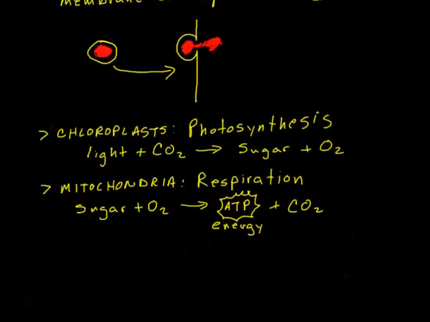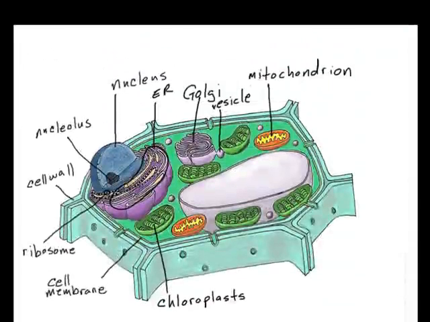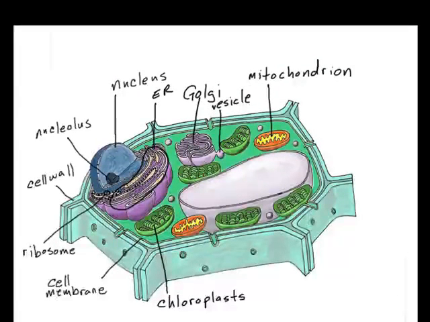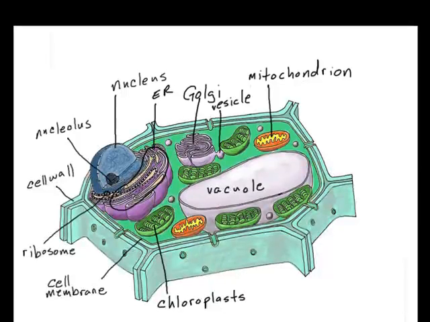So our next organelle on the list here is the largest of the organelles, and I'm just going to label right on top of the drawing here, and it is called the vacuole. The vacuole is basically a big membrane envelope, and it's been cut in half in this figure here, and its job is storage.